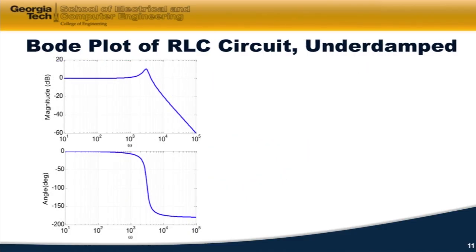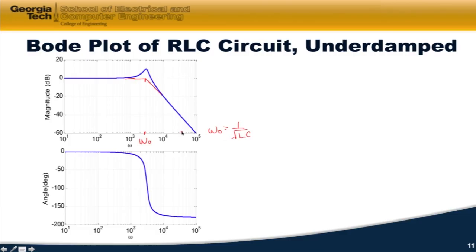Now, in an underdamped case, we're doing the same transfer function, and we can come up with the same asymptotic curves, and I still have the value omega 0, where omega 0 is equal to 1 over the square root of LC.